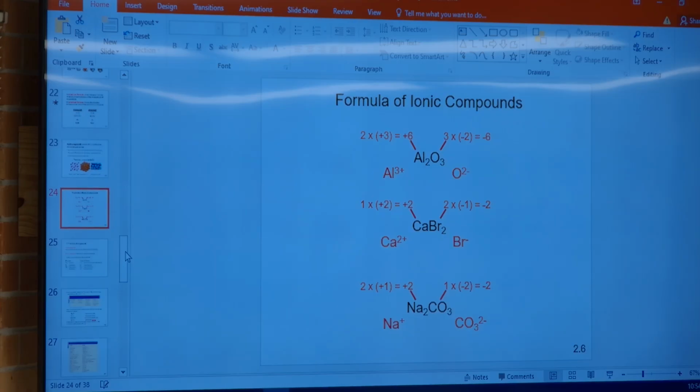This explains why we need the empirical formula. Another reason why we need the empirical formula is that to experimentally determine a molecular formula, you have to go through the empirical formula first, then determine molar mass, then figure out the molecular formula.